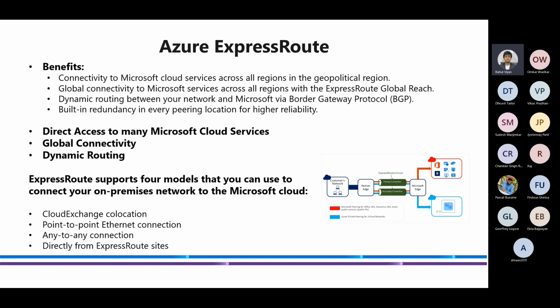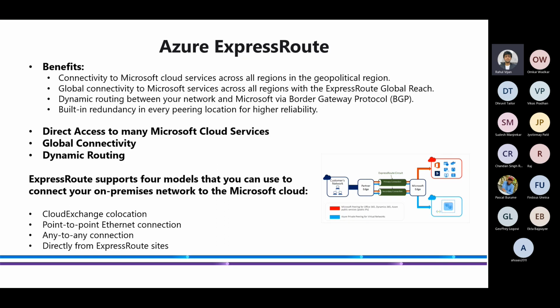Then built-in redundancy in every peering location for high reliability. Redundancy is nothing but having two or more copies, so in case one goes down, we always have another in place. Redundancy comes in place because Azure is a global network, so every peering location can be connected to your own Express Route. To explain this in a better way, there are so many data centers that you can connect to.